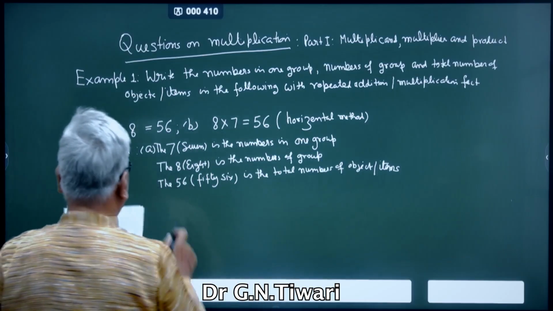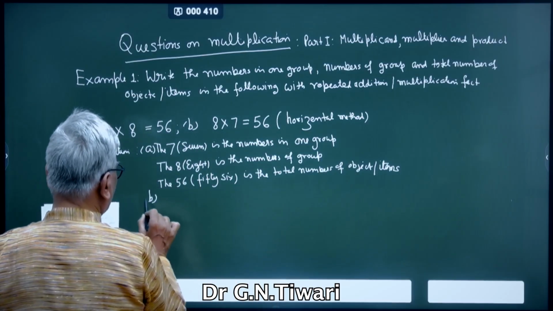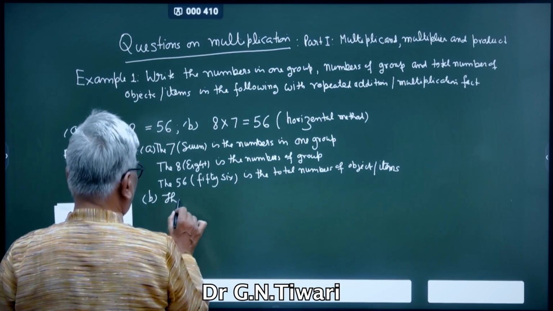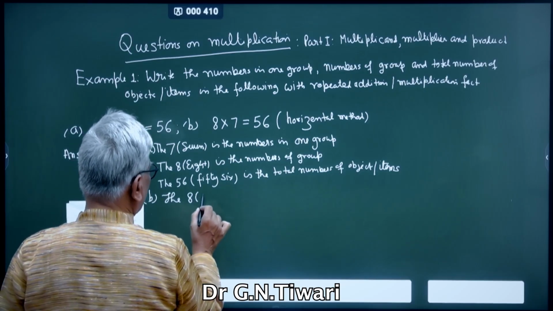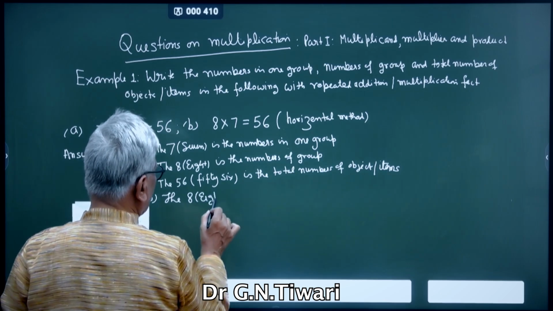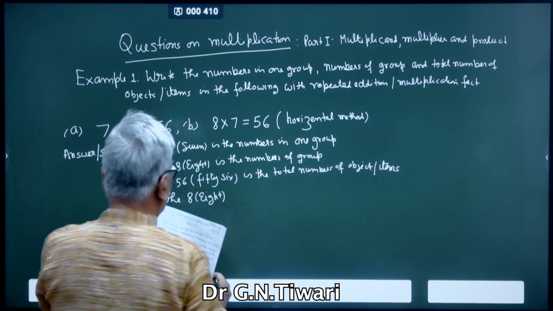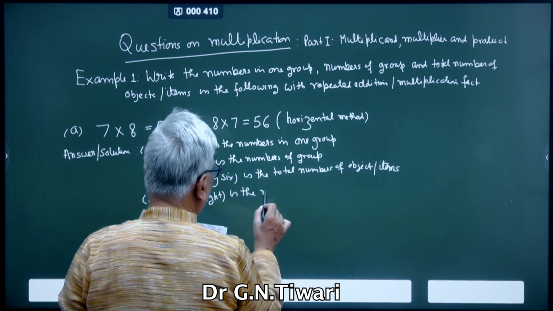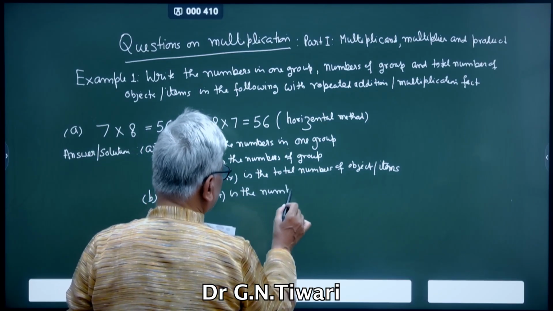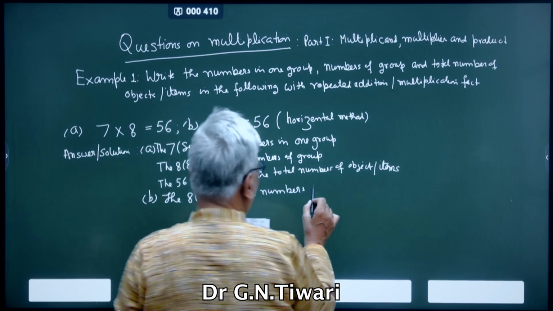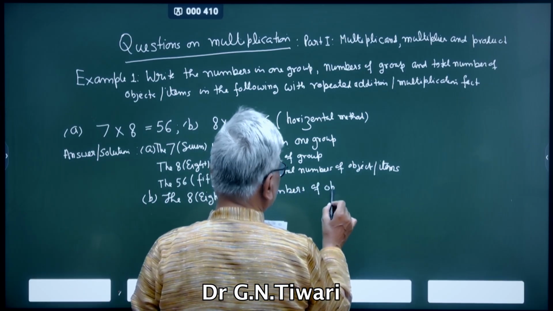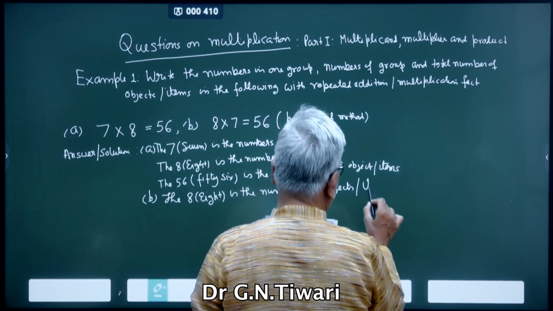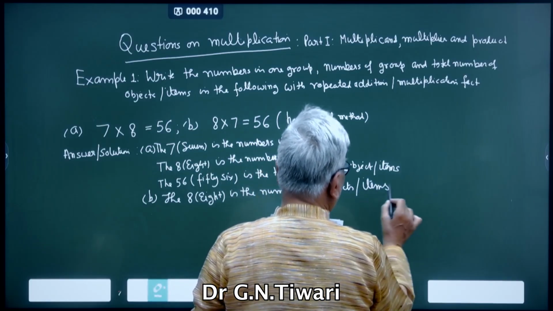Now B, I am explaining a better way. Now just see here. 8 is the number of objects or items in one group.